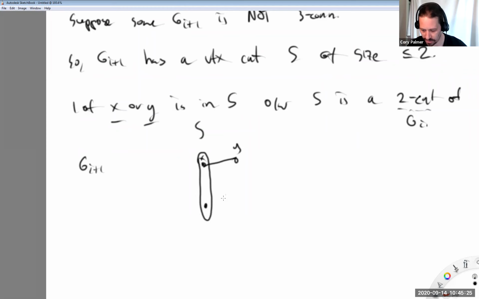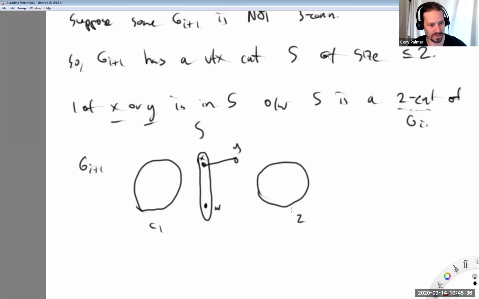There should also be another vertex here, W, in principle, although I don't know for sure. And then let's look at two components, C1 and C2. We're just going to get a bunch of contradictions here in each case. So we've got components C1 and C2 in Gi plus 1 minus S, before I do the contraction here. And remember, contracting this edge results in Gi.